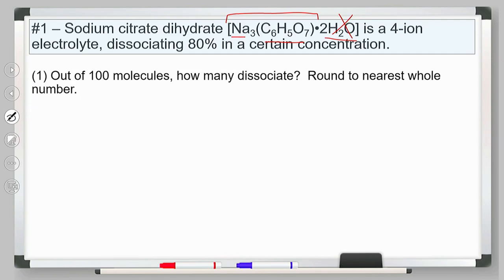So we have sodium and we have citrate. And let me ask you now, what is the valence, the charge on citrate? Is it positive or negative? Is it an anion or a cation? It's an anion. It's the negative, because the cation is the sodium.